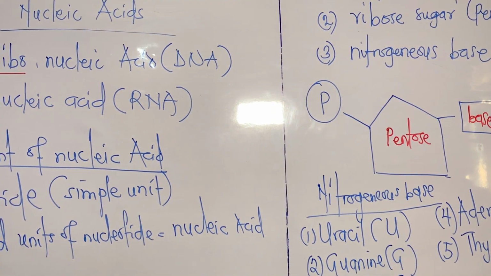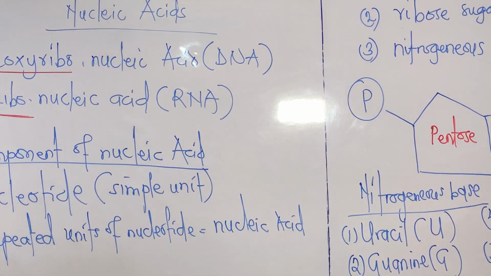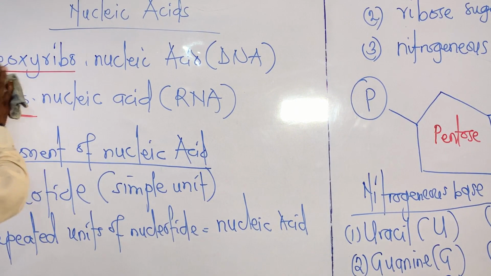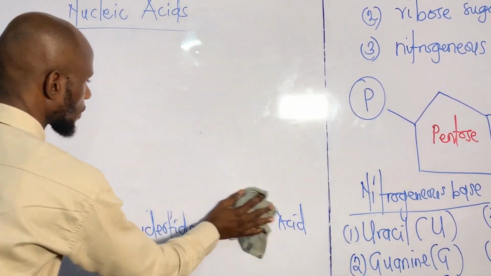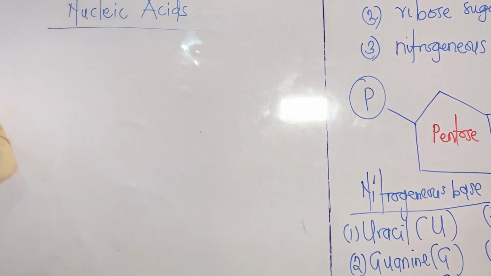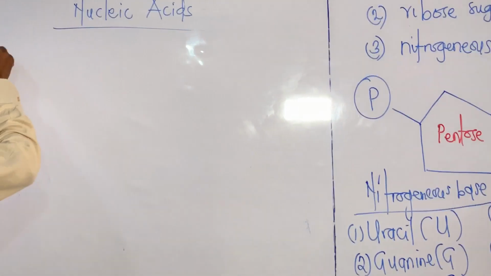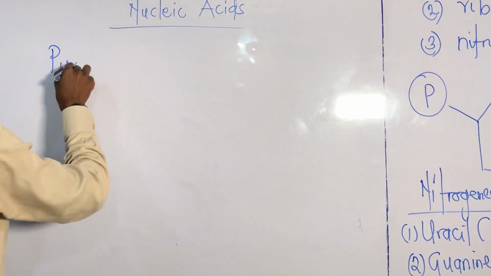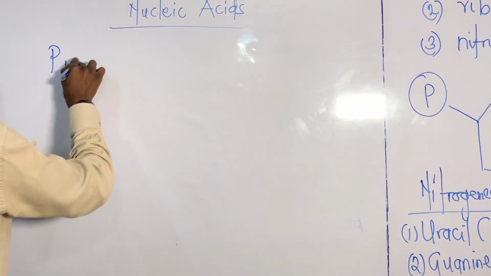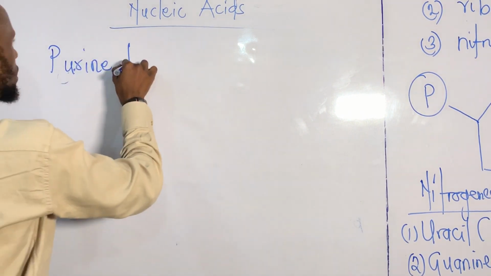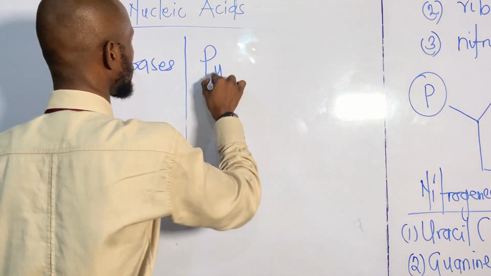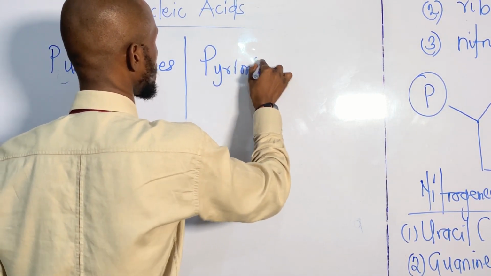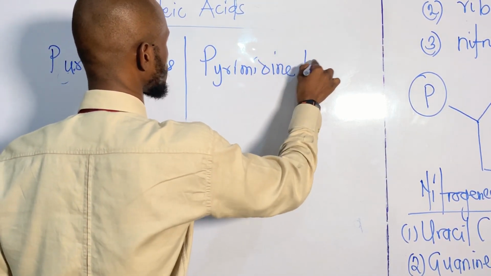However, let me give you a particular tip before we end the class. Let's categorize the nitrogenous bases. We have the purine bases and we have the pyrimidine bases.